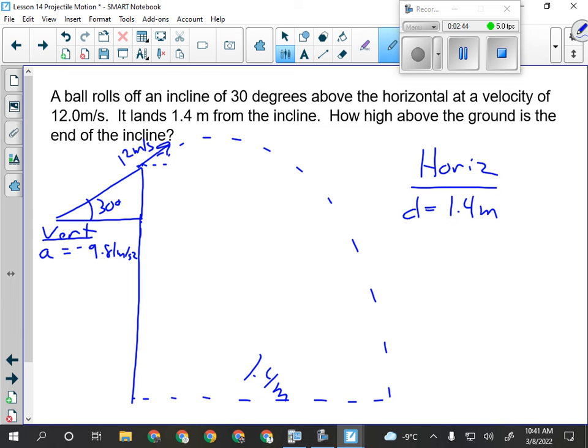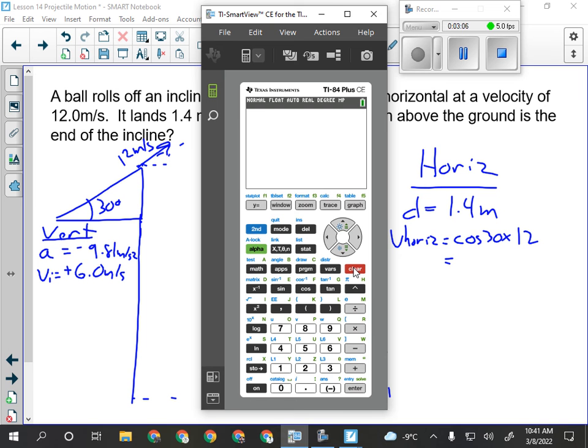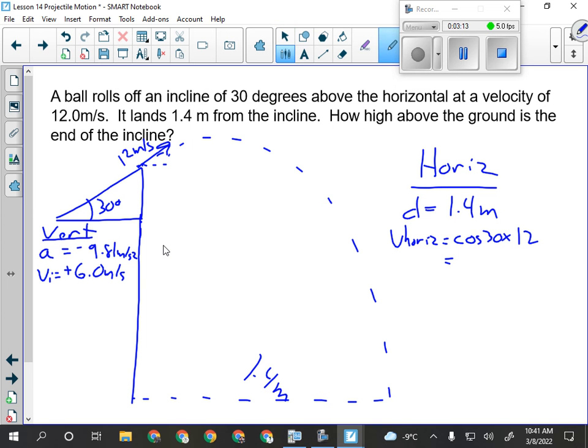Yeah, that doesn't change. I still calculate those in the same way. Okay, so VI will be the sine of 30 times 12, so VI will be positive 6.0 meters per second. Okay, and I can still calculate V horizontal, right? Cos of 30 times 12. So 10.39 meters per second.